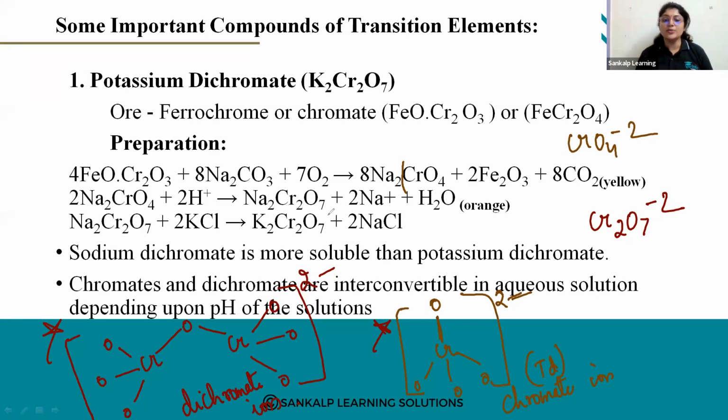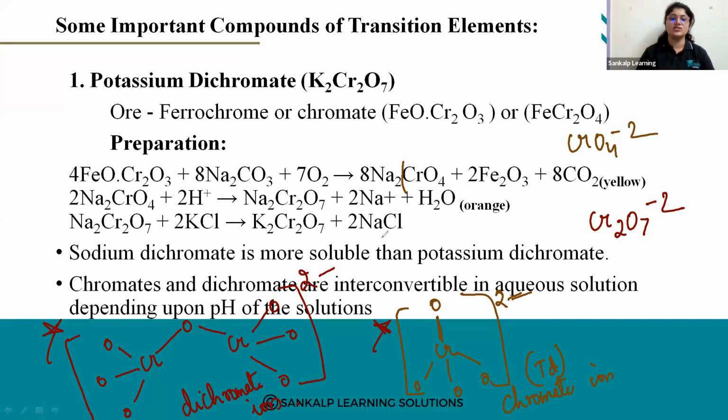Now we want to convert it into potassium dichromate, so we treat it with potassium chloride solution. The sodium ions are converted to potassium, so we obtain potassium dichromate, which on cooling gives orange colored crystals. Based upon the pH, the solutions can be interconvertible. So these are some of the important points of potassium dichromate.